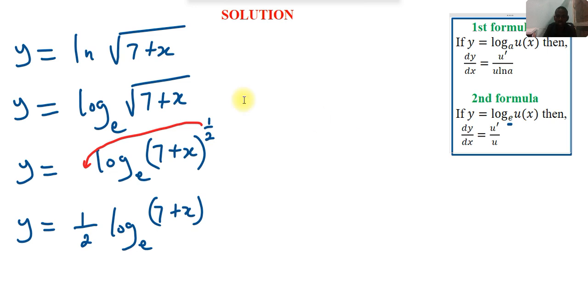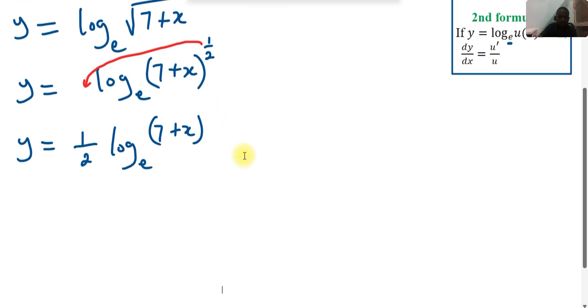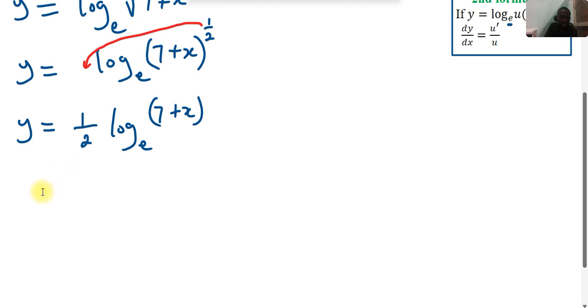So if you look at it here, you find out that our u is actually 7 plus x. It's the one standing in the position of u.